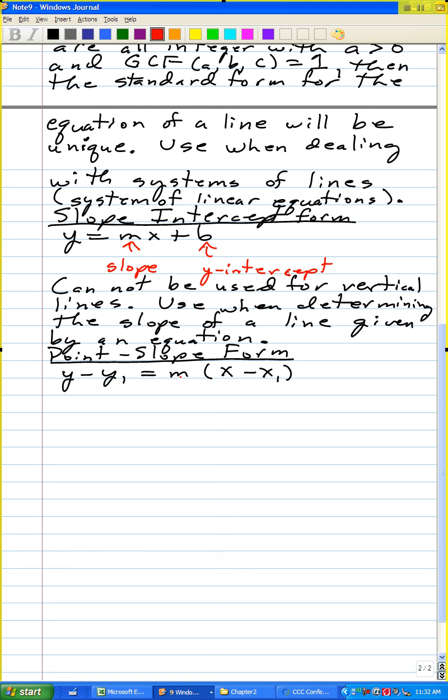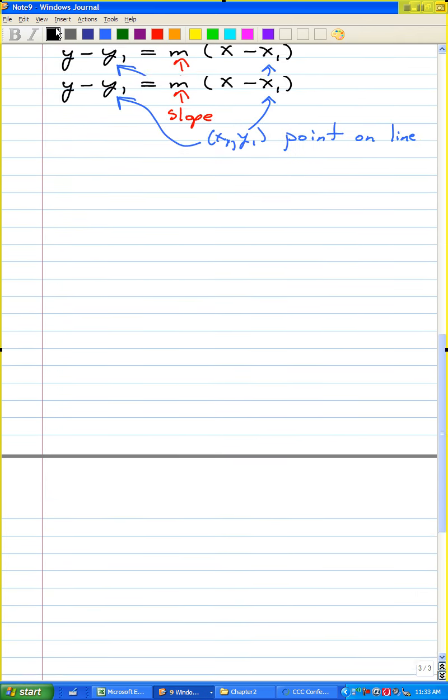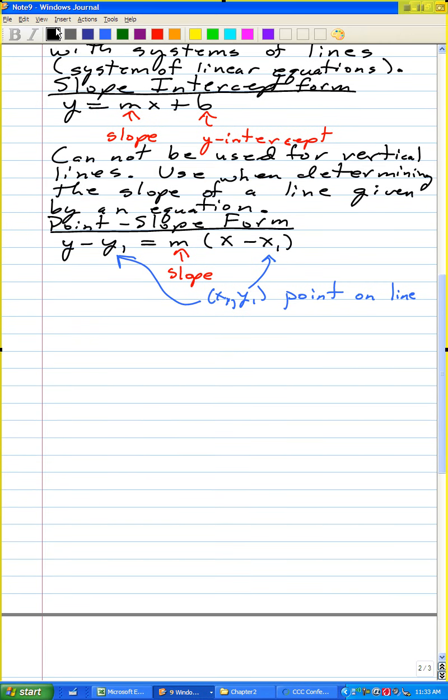And so m is the slope of your line, and x1, y1 is a point on the line. Again, since you have to know the slope of your line, this cannot be used for vertical lines.